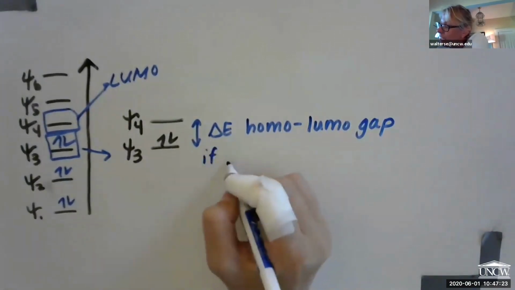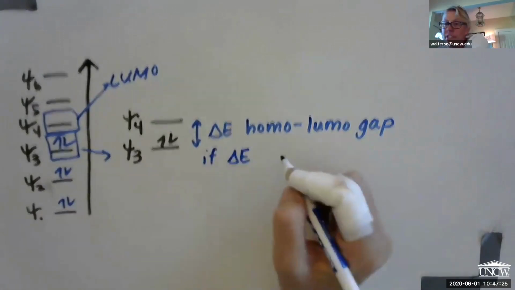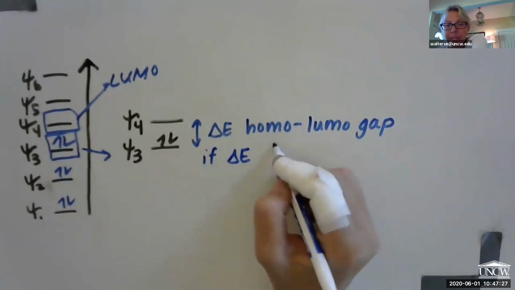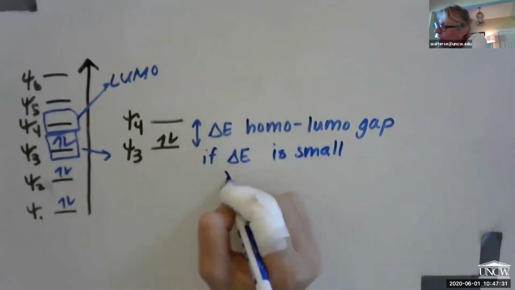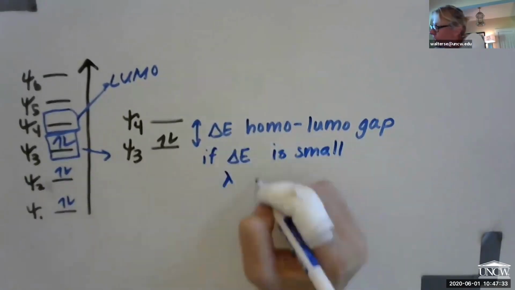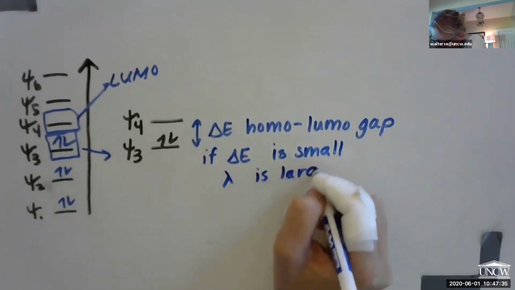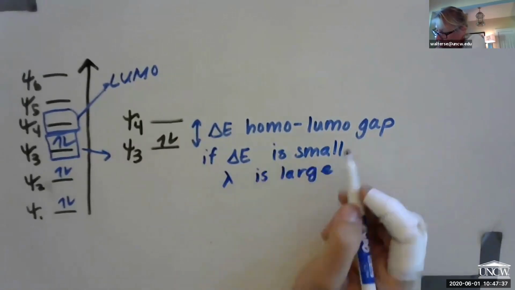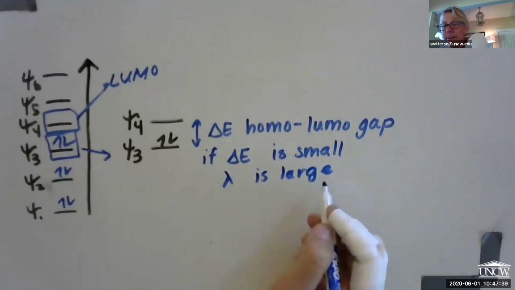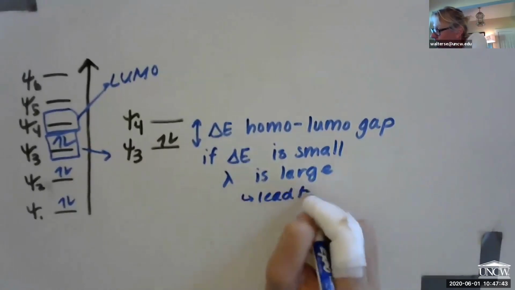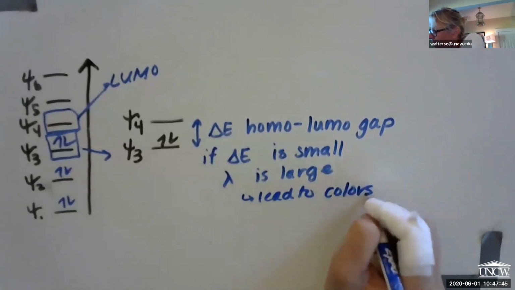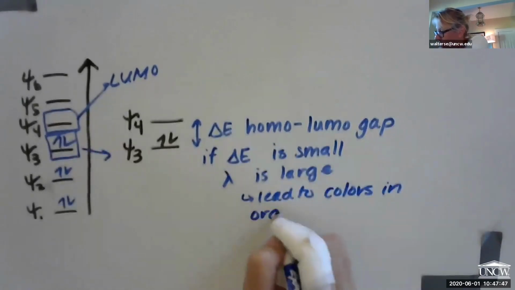If the energy change in the HOMO-LUMO gap is small, the wavelength associated with that energy difference is large. And in some molecules, it can be so large that it can lead to colors in organic molecules.